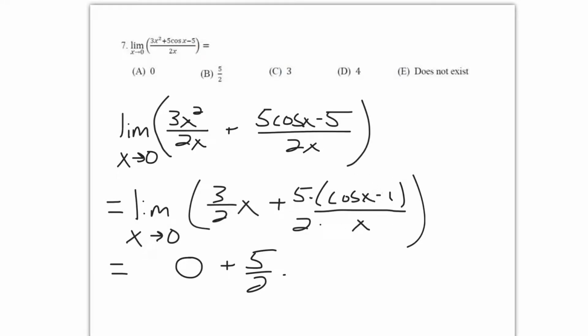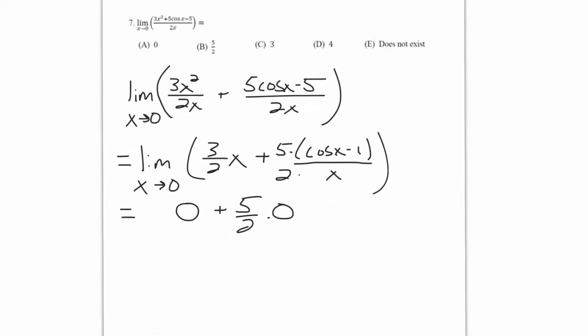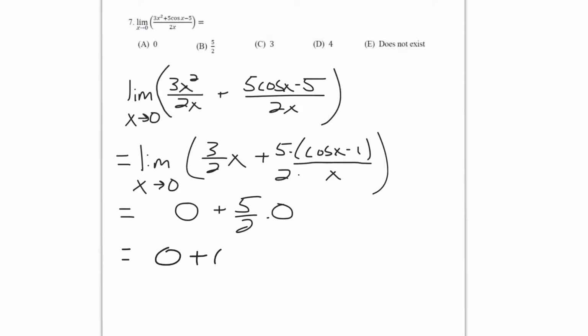That is approaching 0. So we end up with 0 plus 5/2 times 0, which is 0 plus 0, which is 0. That is answer A.